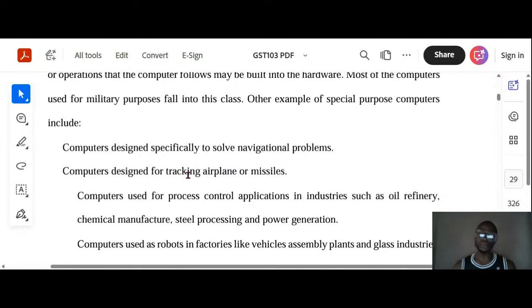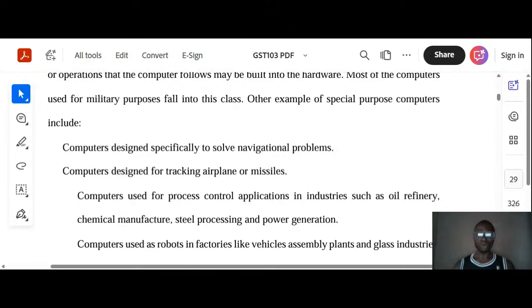Now, computers used for process control applications in industry, such as an oil refinery, that means the kind of computer that automates the processes, like from extraction to refining to washing to separation. Those of you that are into science, you know that you've done that a bit in chemistry.